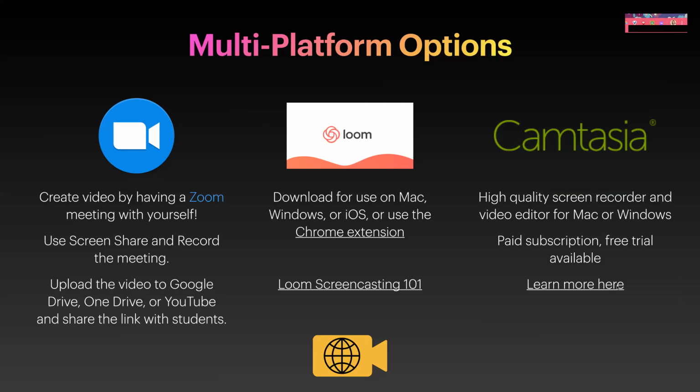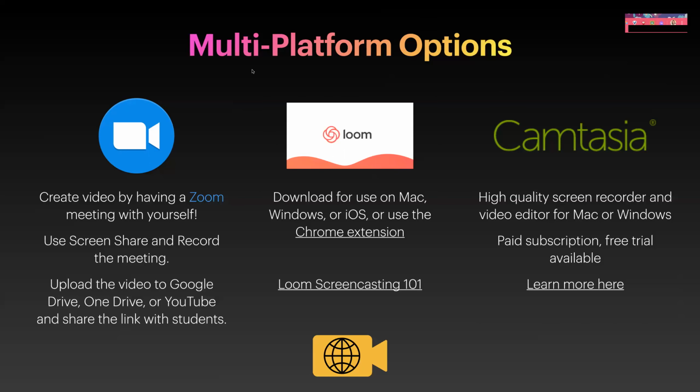And also, once you download that video, I can't show you my Zoom controls in your view, but there is a record to the computer option or record to the cloud option. Now, I always choose record to the computer because I know my computer has enough space to make that happen.